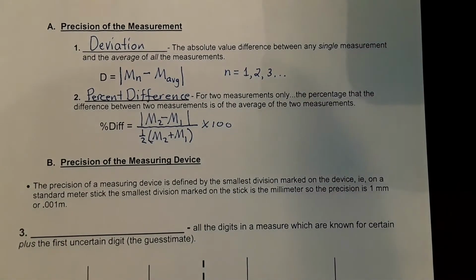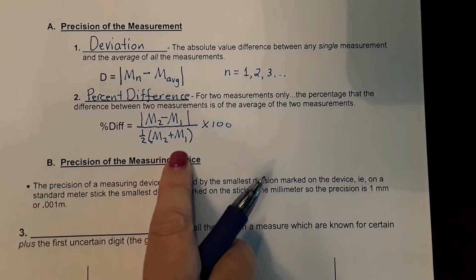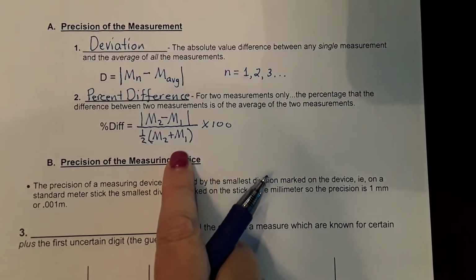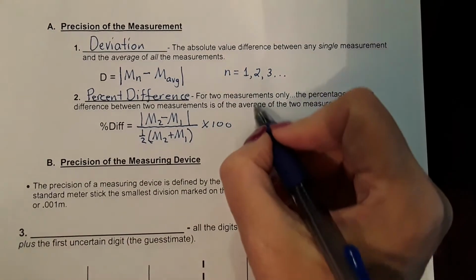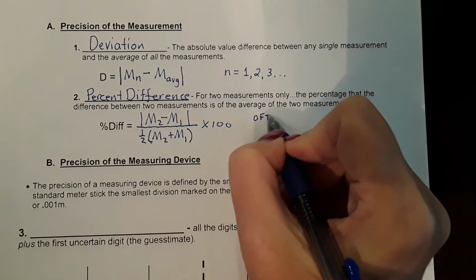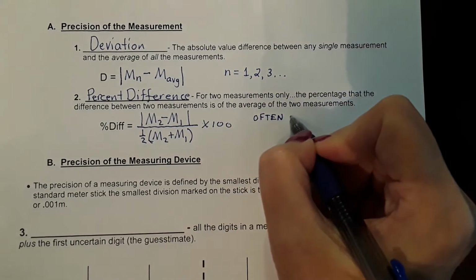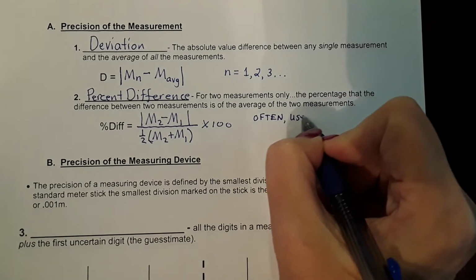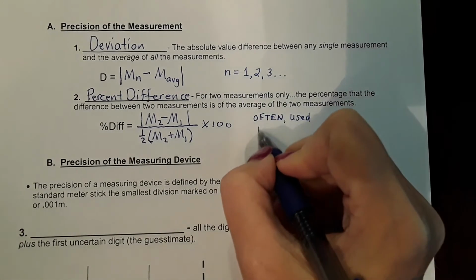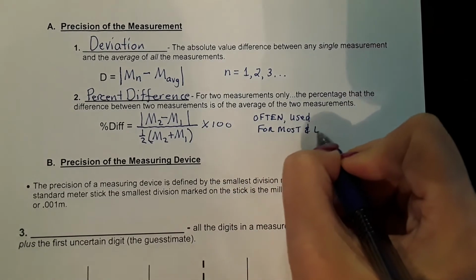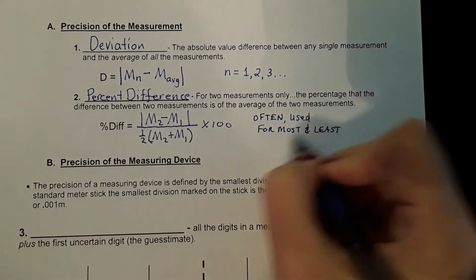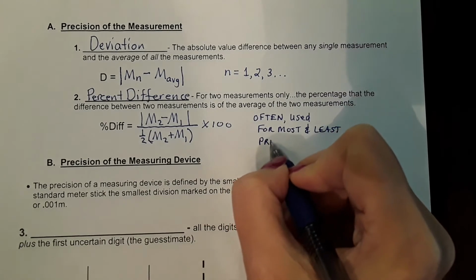If you add two things together and divide by 2, you get their midpoint, or in this case, their average. So this is how we're going to find percent difference between two measures. But how do we know which two measures to look at? Well, often the percent difference is used for the most and least precise values.